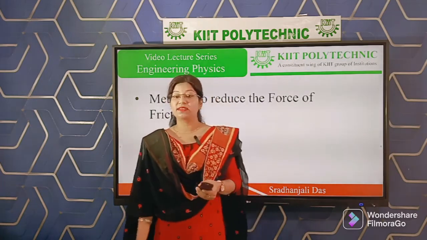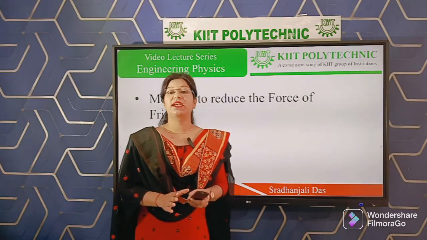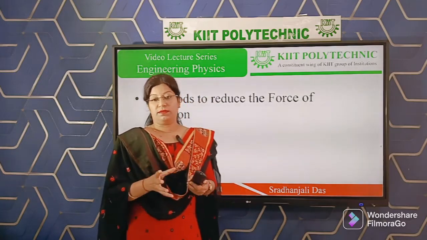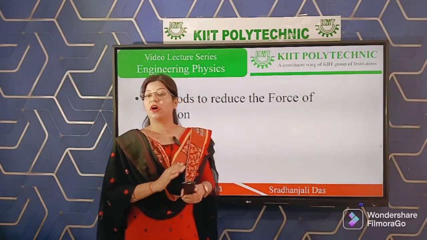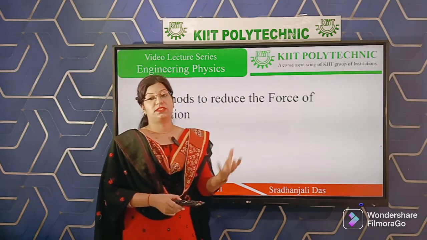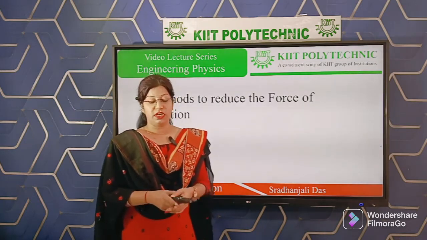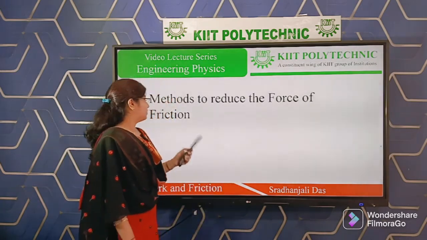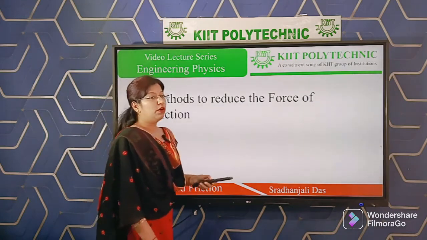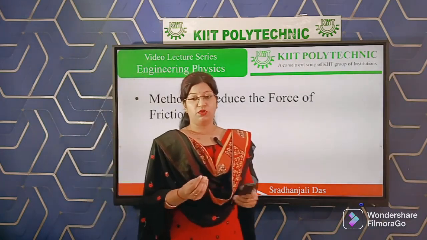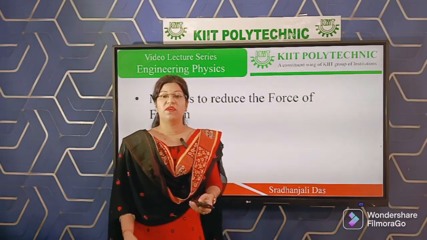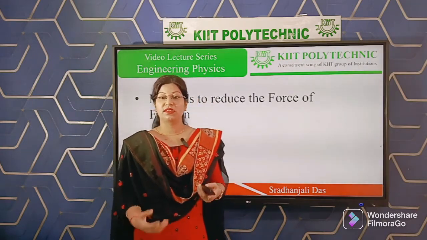To minimize this, actually we can't make the friction nil, that means we can't remove friction 100%, but we try to minimize the force of friction. There are various methods to reduce the force of friction between two surfaces. We are discussing a few methods. So what are these methods?